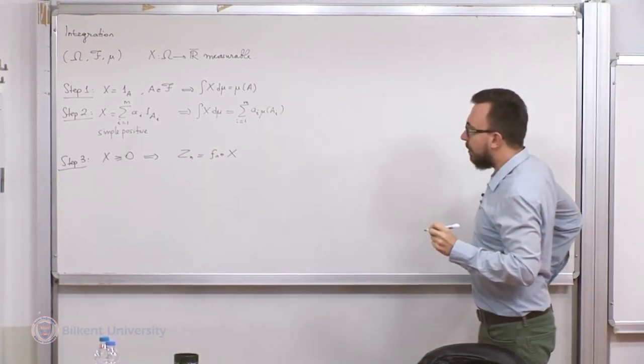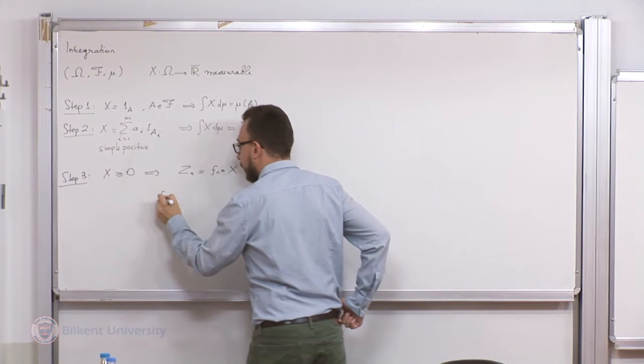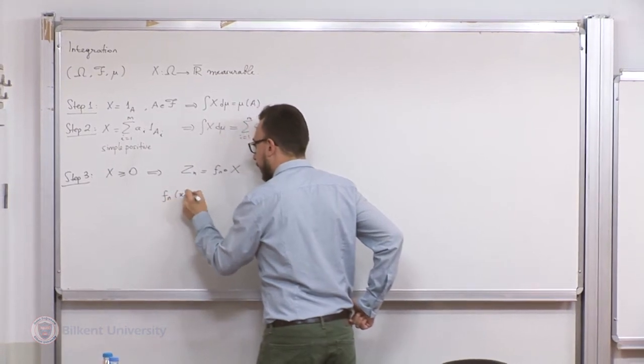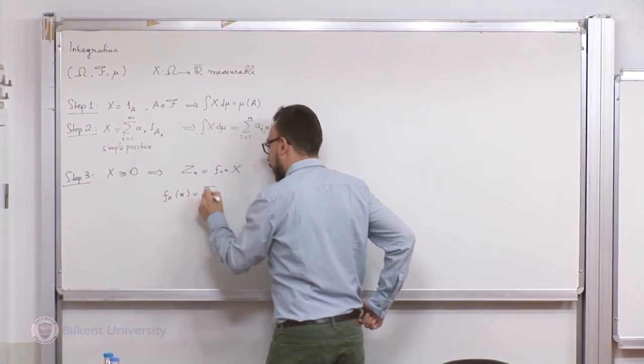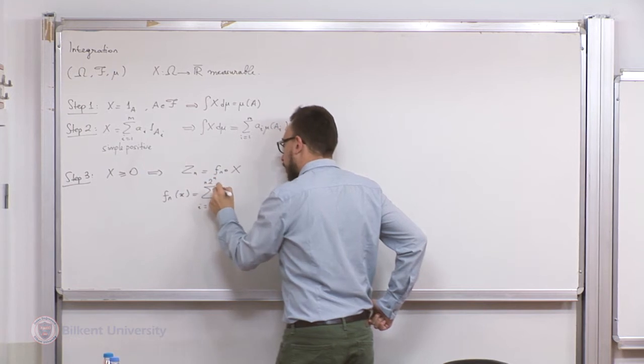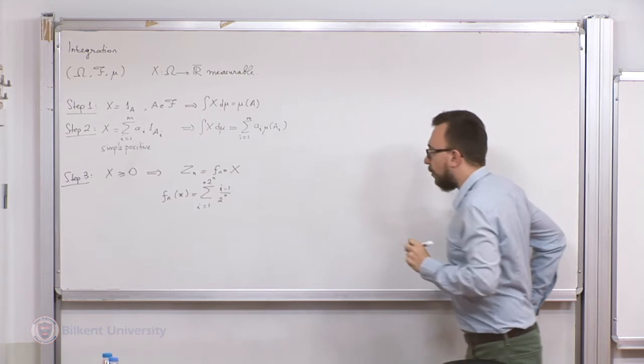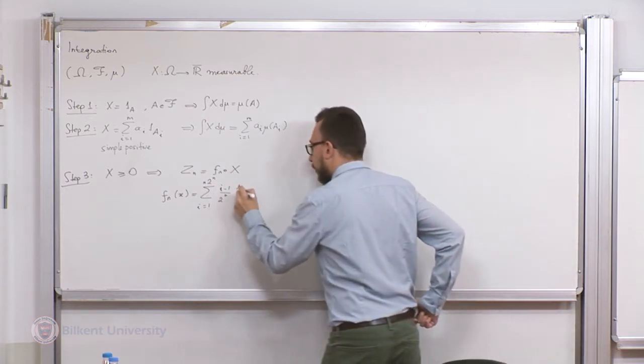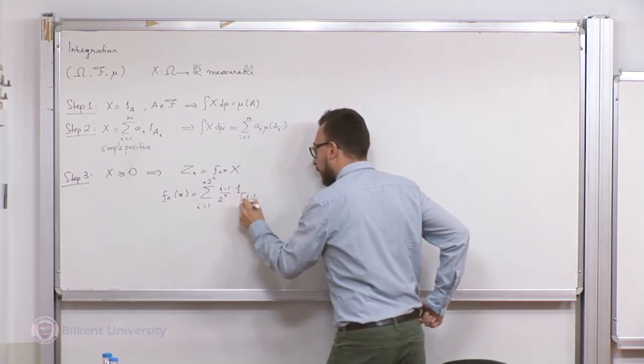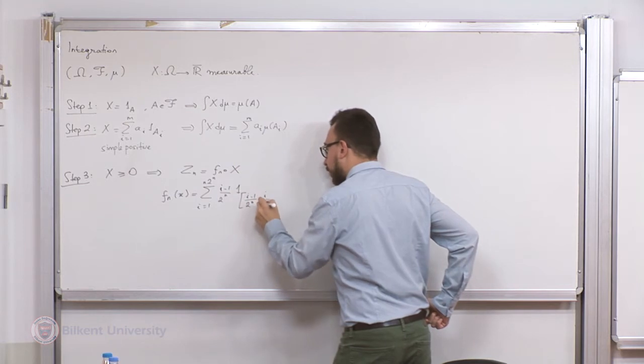approximating them. So remember, this f_n was a standard approximating function. It takes the value (i-1)/2^n on the interval from (i-1)/2^n to i/2^n.